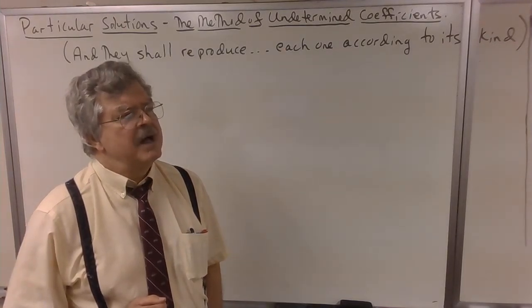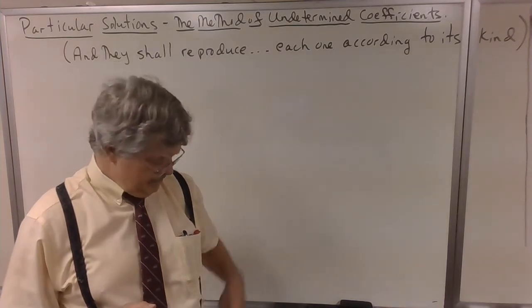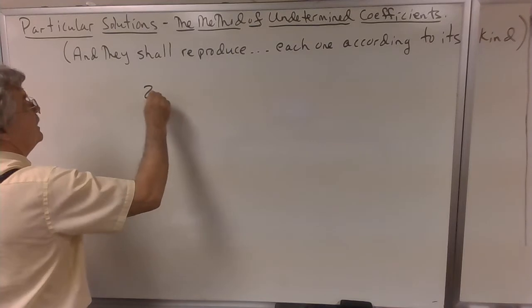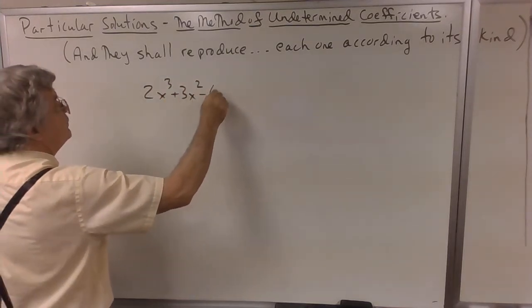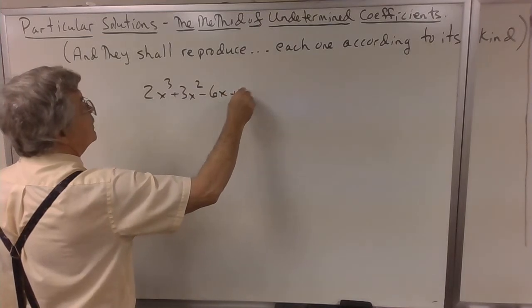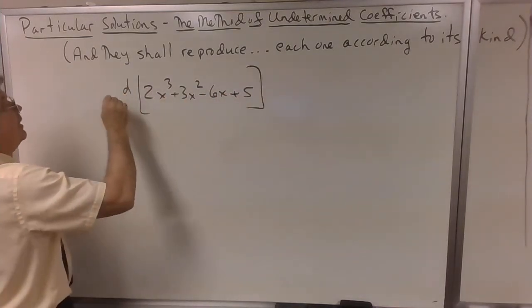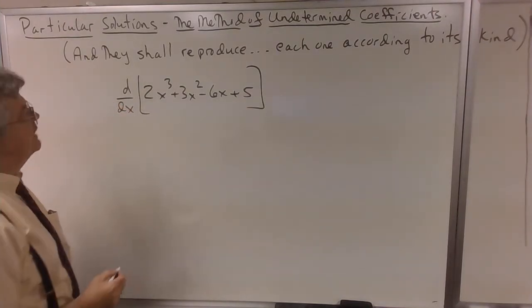And what about a polynomial? What do you get if you compute the derivative of a polynomial? Like this one. We'll say 2x cubed plus 3x squared minus 6x plus 5. That's our polynomial. And we compute the derivative of that polynomial. What do we get?